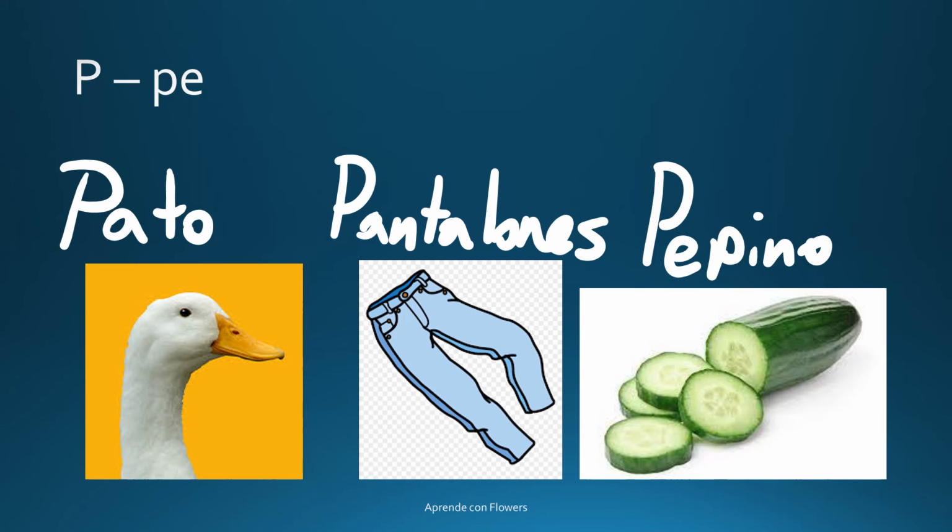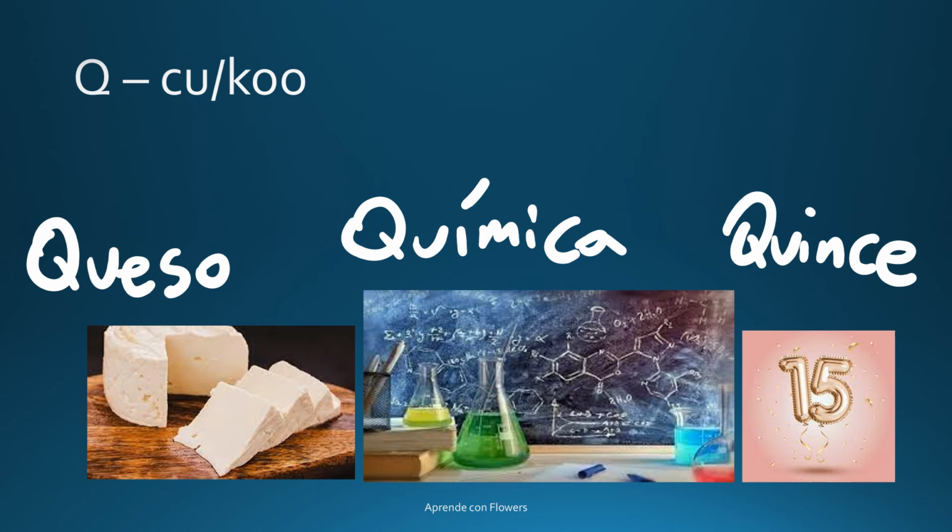P de pato, pantalones, pepino. Pepino is not pepper, those are chiles. Pepino is cucumber. Q de queso, química, quince. Q is one of those letters that you will never see by itself.